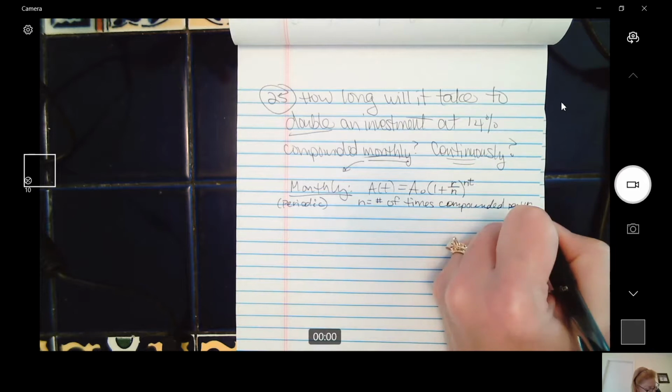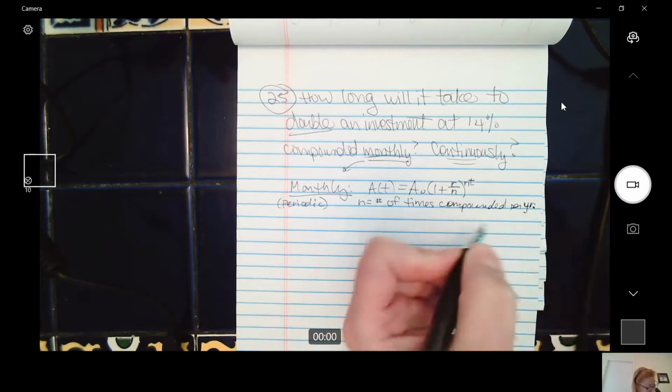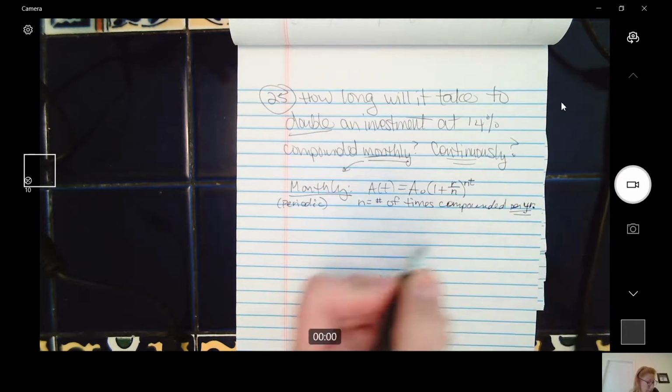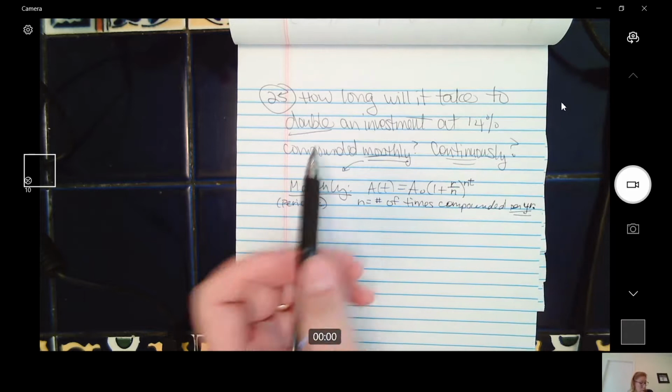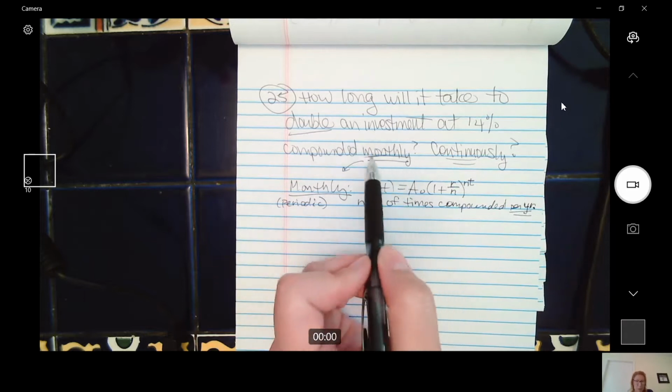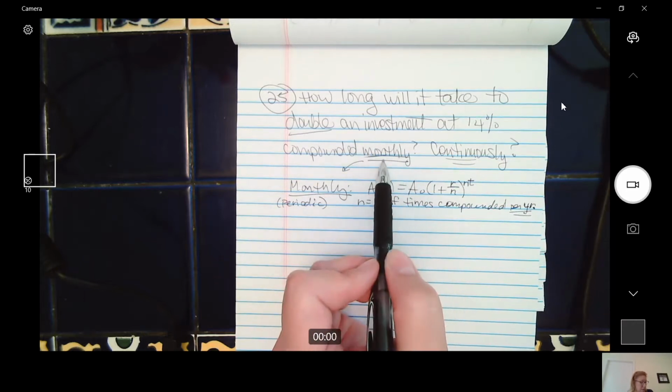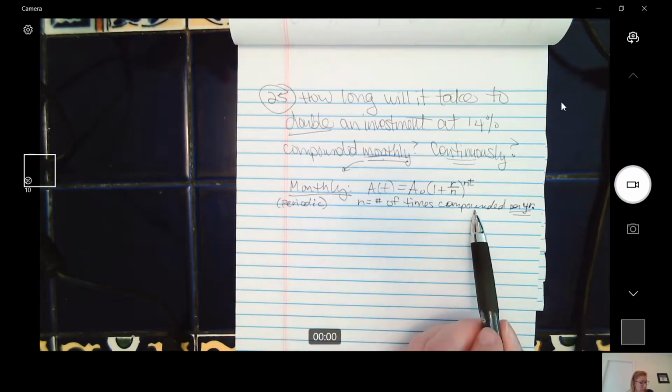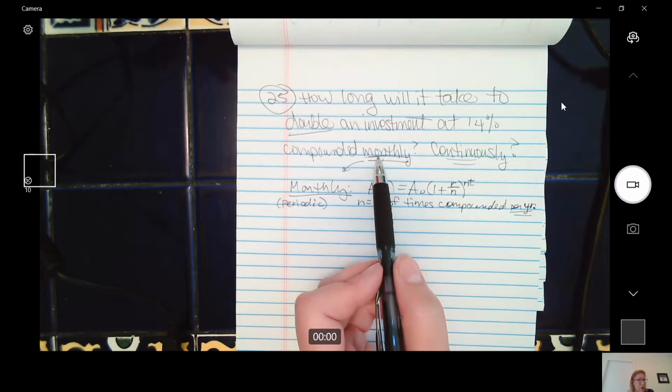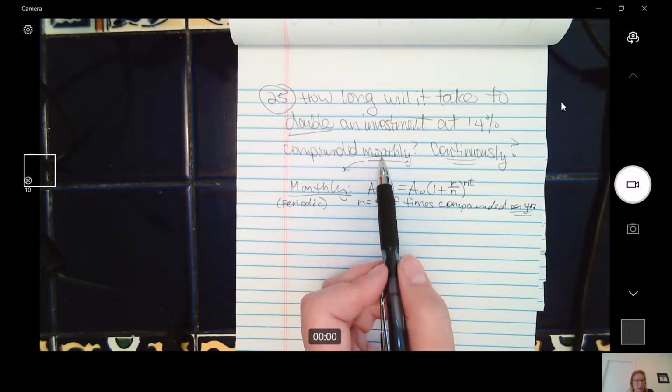It's important that you understand what that is per year, because you won't get it in a number, you'll get it in a word, the LY word, like monthly means there's 12 months in a year. So that means if we compound it every month over the course of 1 year, it will have been compounded 12 times. If it says quarterly, that means every 3 months or 4 times per year.